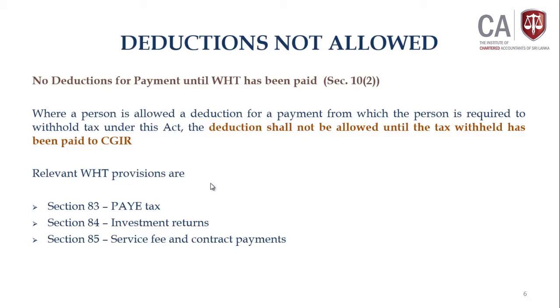These are certain expenses where, when you are incurring them, the company has to withhold the tax as a withholding agent and remit the money to the Department of Inland Revenue.